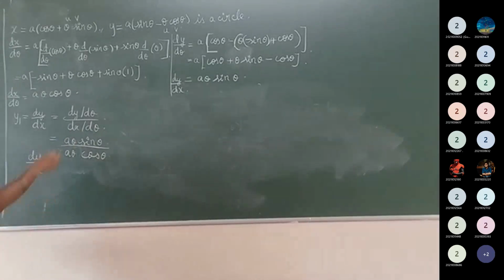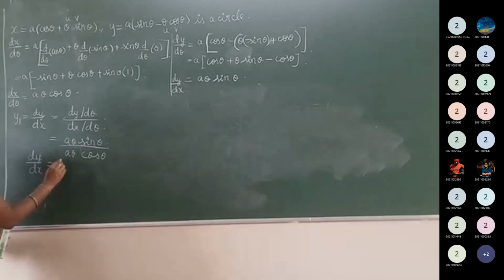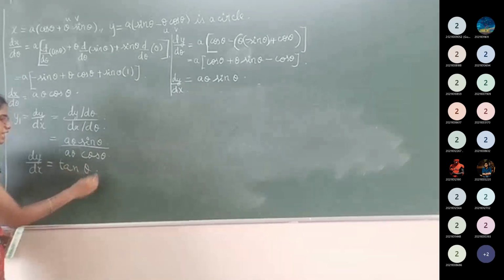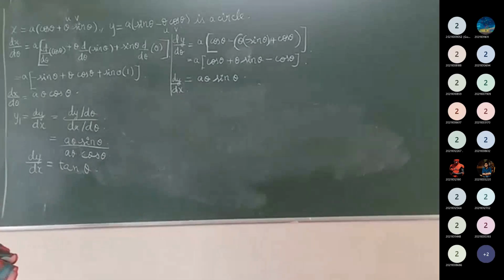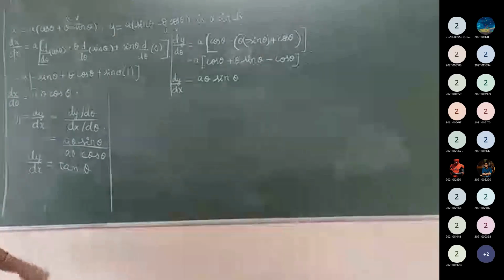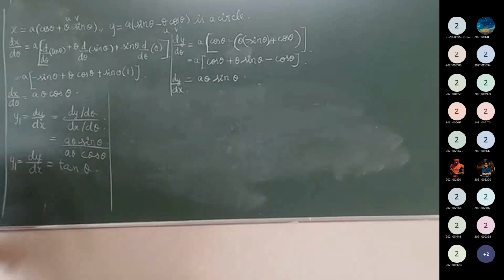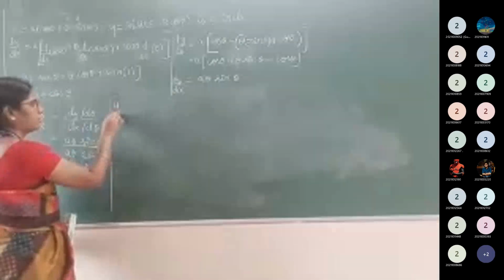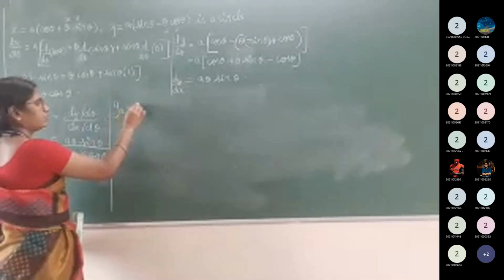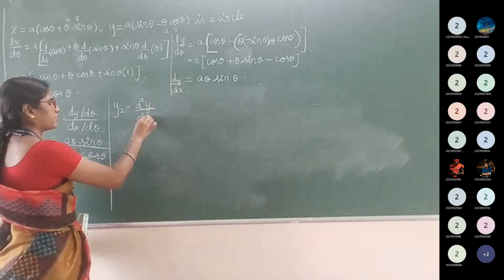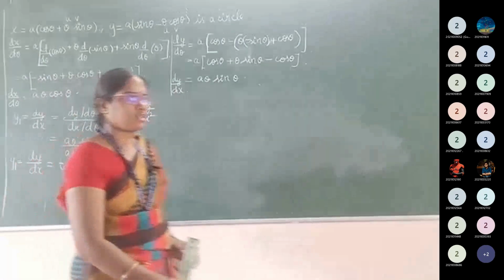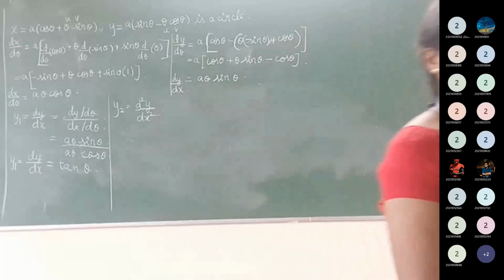So you can cancel a theta by a theta, left with sin by cos theta, which is tan theta. So that is y1. What about y2? Now calculate y2, d squared y by dx squared.